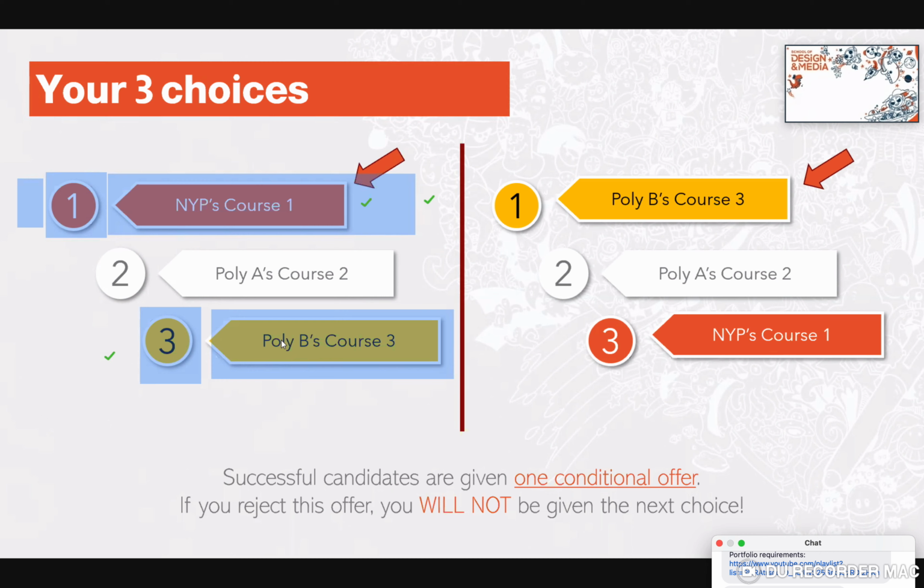But when you receive your offer, you only see the NYP course. You will not see the Poly B course. And if you were to reject the NYP course, the Poly B course will be gone. You don't see this course.